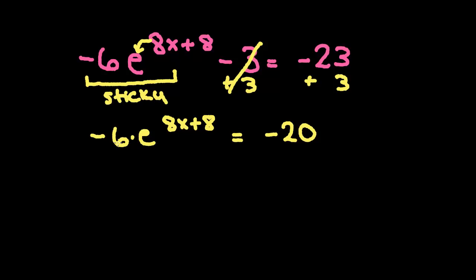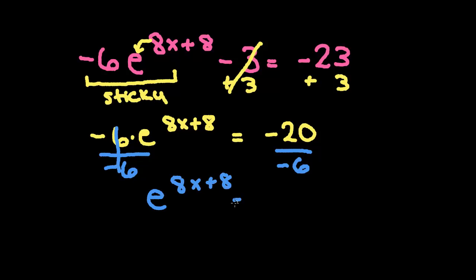So now I want to get rid of that negative 6, so I can divide through by negative 6. And I am just left with e to the 8x plus 8 equals negative 20 over negative 6, which if I do on my calculator, I believe is 1.204.